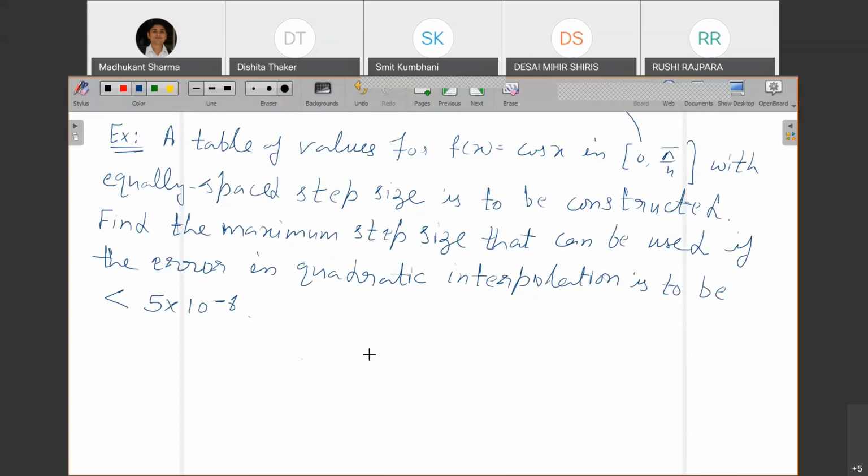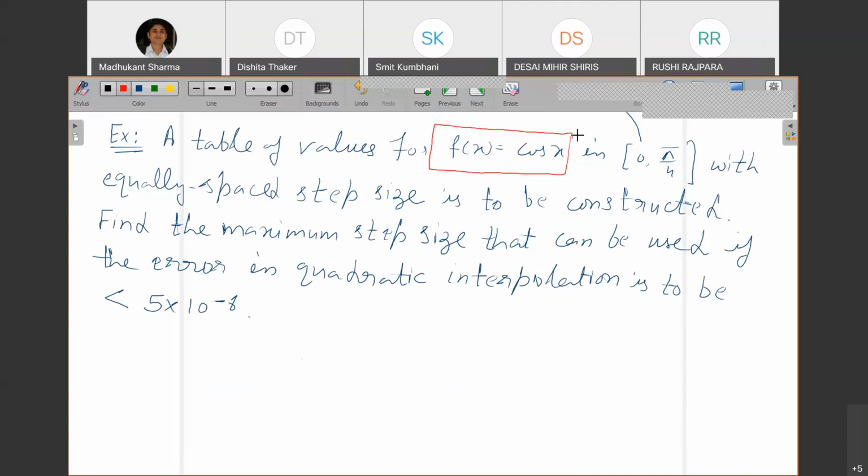Now in the earlier cases, we were not given the function, so we were not aware of it and could not identify the estimate for M3 or M2, the first derivative, second derivative, third derivative.